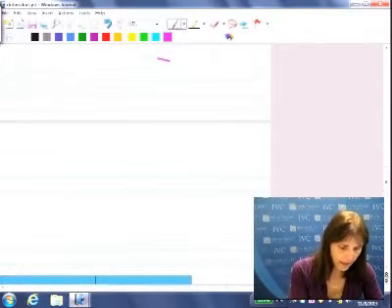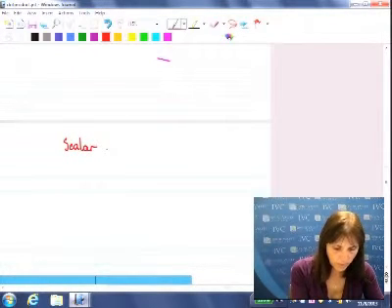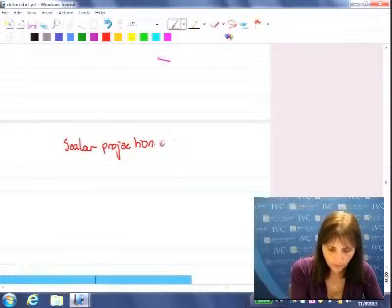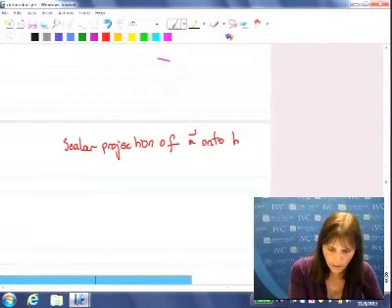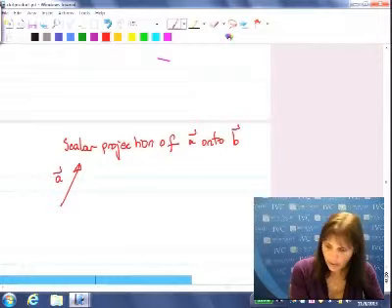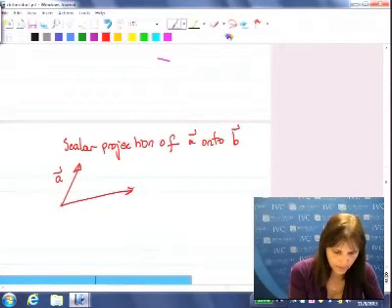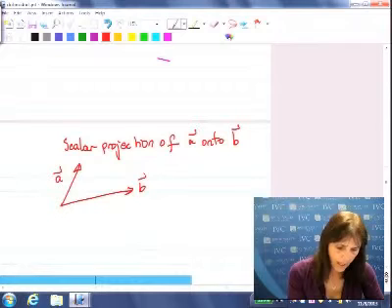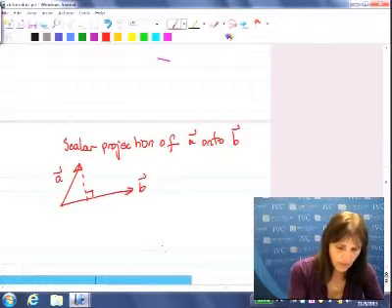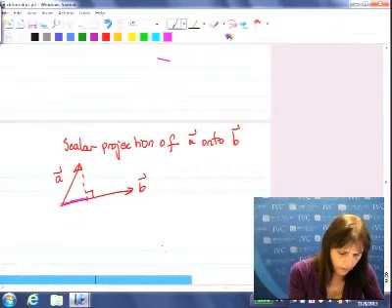Let's say I have the projection of A onto B. What that means is, let's say I have an A vector and I have a B vector, and you just draw a 90-degree line, and this is exactly what we are talking about.